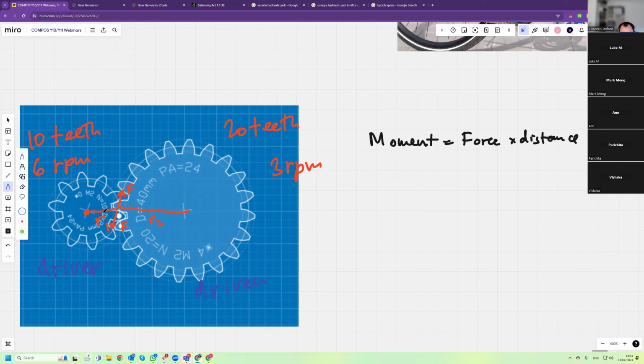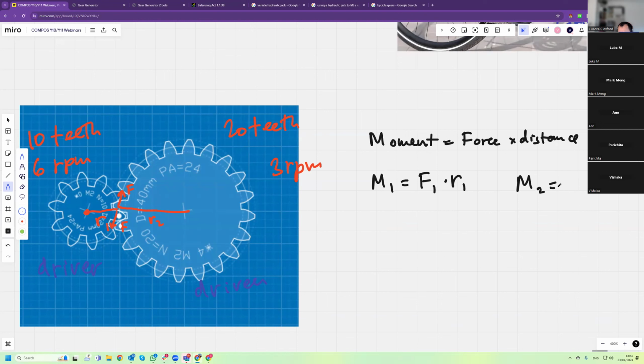So in this case, the force F1 is equal to, sorry, the moment of the force on this gear is equal to F1 multiplied by R1.